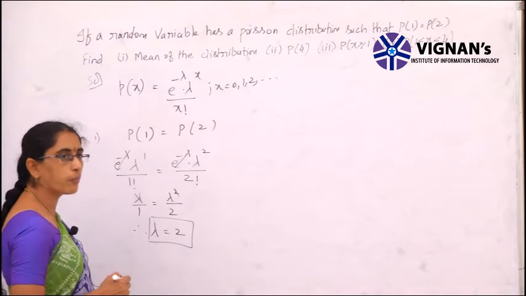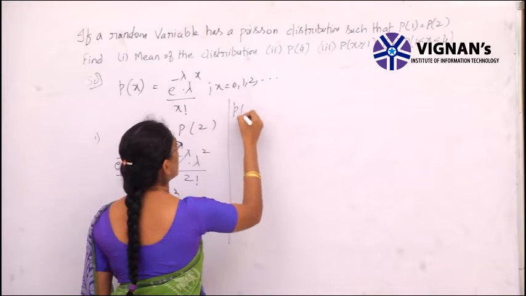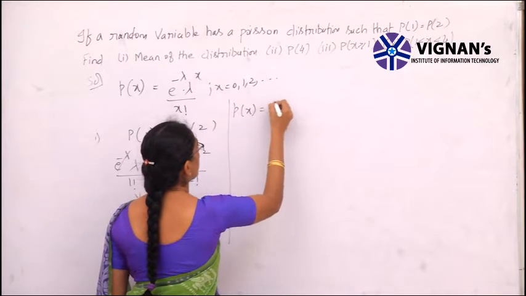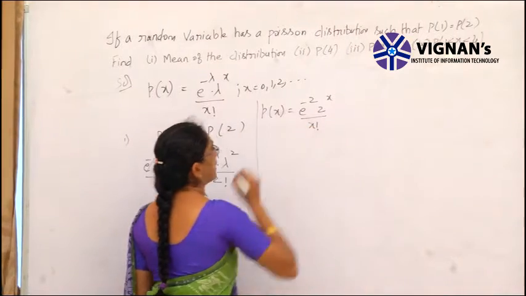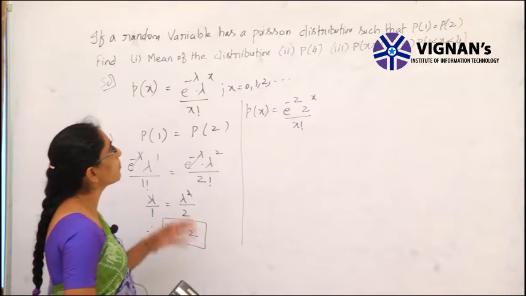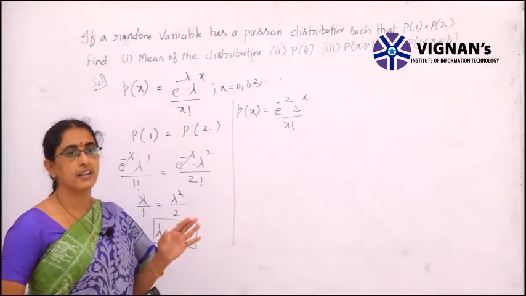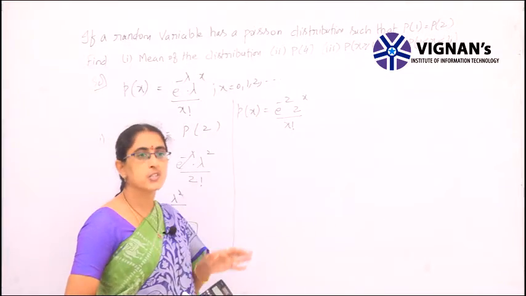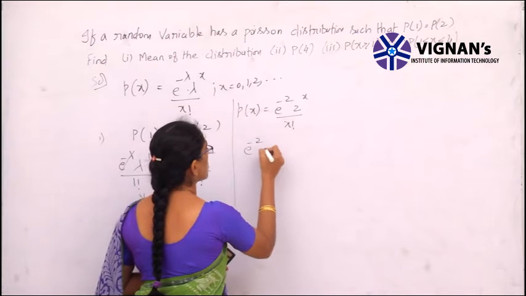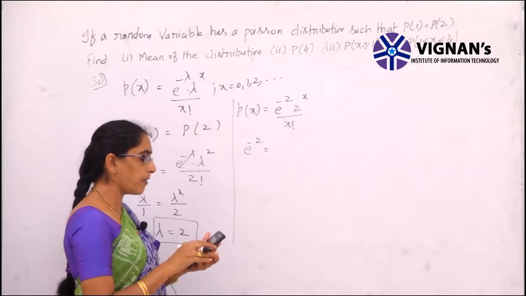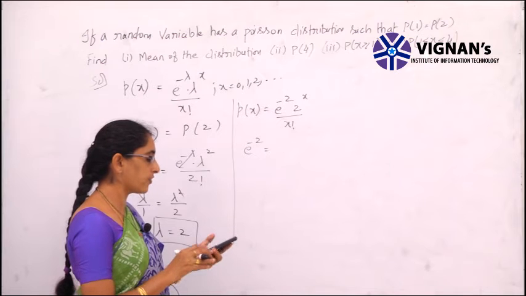When the mean of the Poisson distribution is 2, what is our probability function? P of x equals e power minus 2 into 2 power x by x factorial. To find probability of 4, x greater than or equal to 1 and 1 less than x less than 4, e power minus lambda is common for every value. So first find the e power minus 2 value. The e power minus 2 value can be found using the calculator by pressing shift ln.